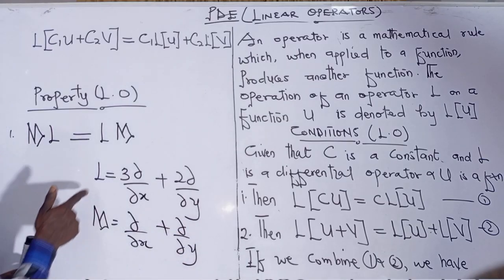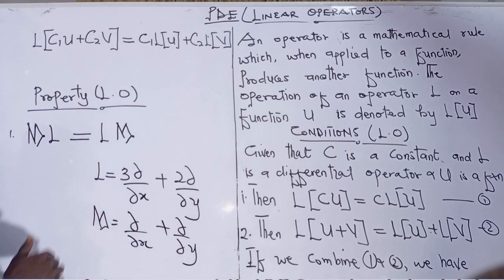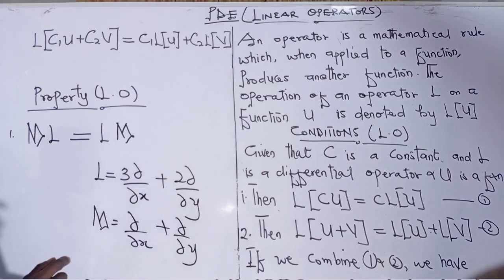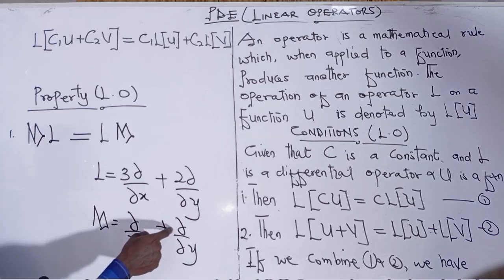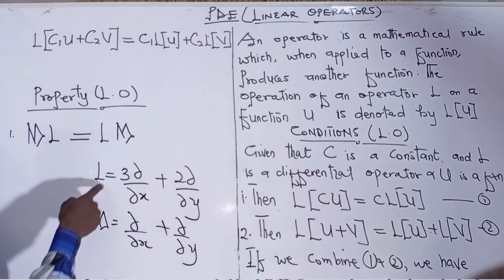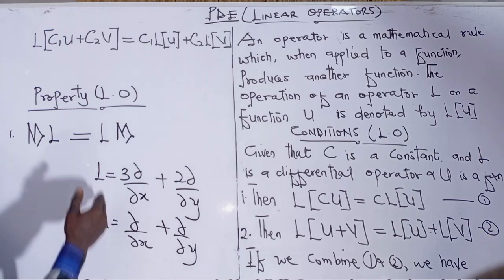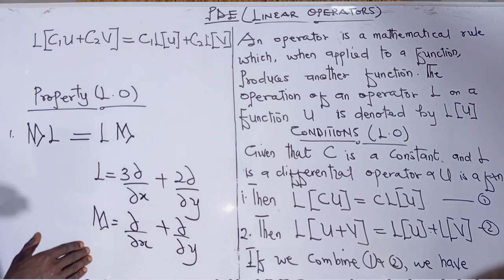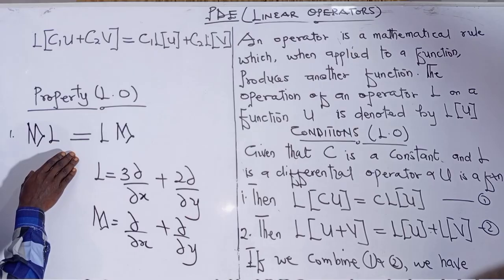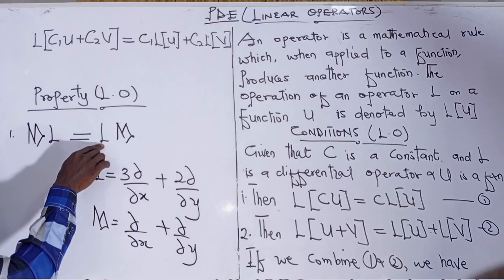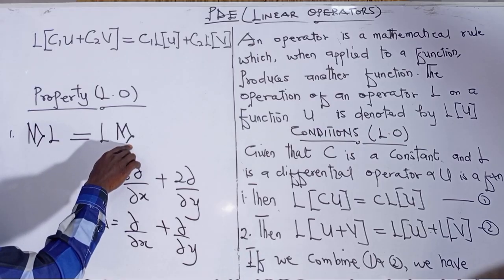Now I can see that these two operators M and L have constant coefficients. The constant here is 3, the constant here is 2, the constant here is 1, the constant here is 1. So when they have constant coefficients, the commutative property occurs, and M operating on L should be the same as L operating on M.